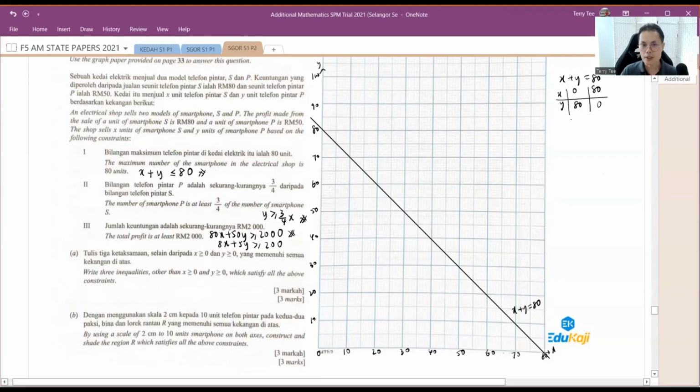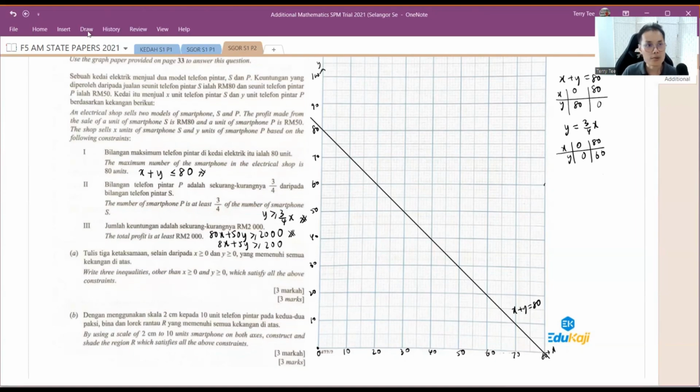Okay, second graph is y equals 3 over 4x. Now, the first point we can use x equals 0, y would be 0. Second point, x 0, y 0 is here. Maybe I use 40, and x is 40, y will be 30. Or you can use 80, 60 also can. Maybe I use bigger value. If I use 80, your y is 60. So 80, 60 is over here.